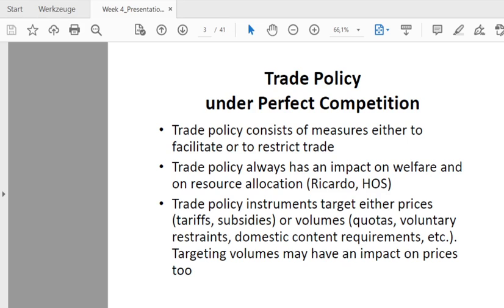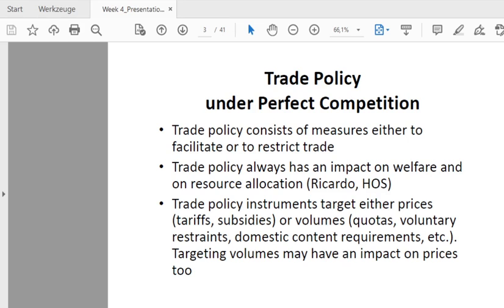Of course, trade policy is also being used to protect the domestic economy, unfortunately, in many cases in such a way that it affects the welfare of a country in a very negative way. So that is why it's very important to understand what the impact of a tariff on welfare is and which groups of society are affected by tariffs.